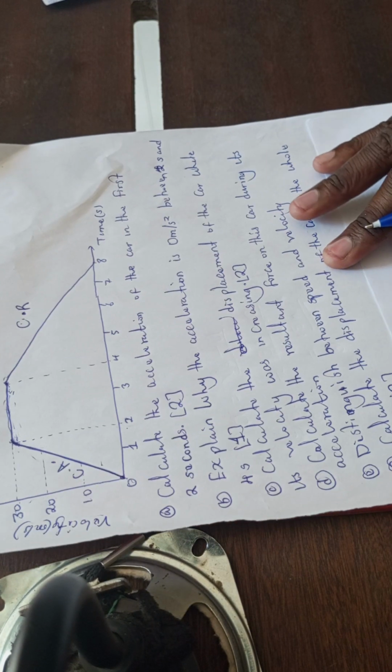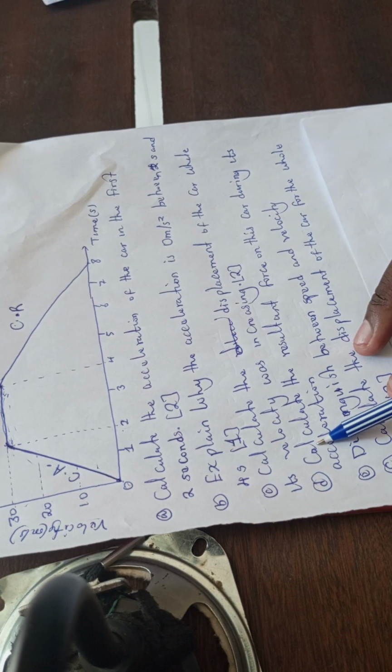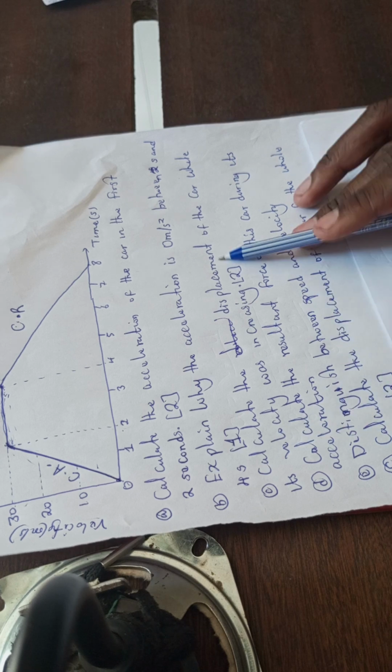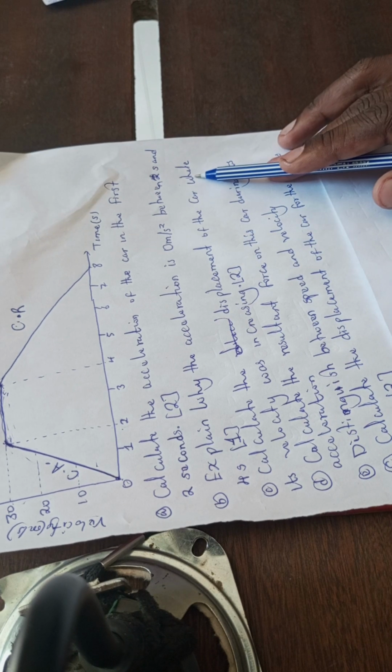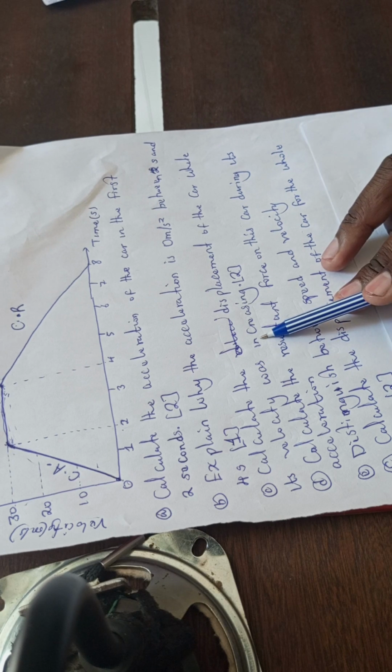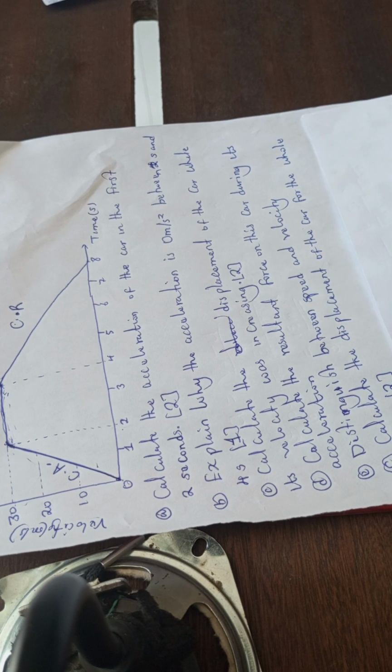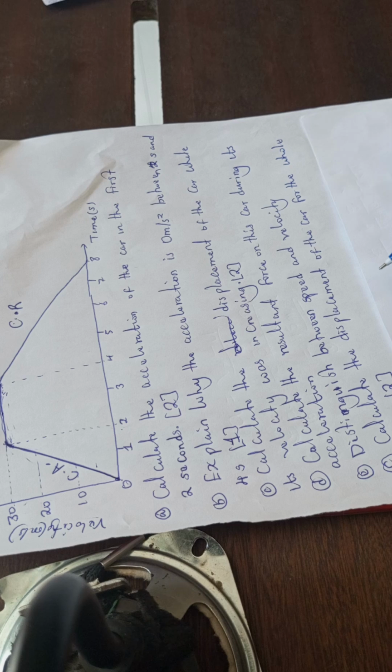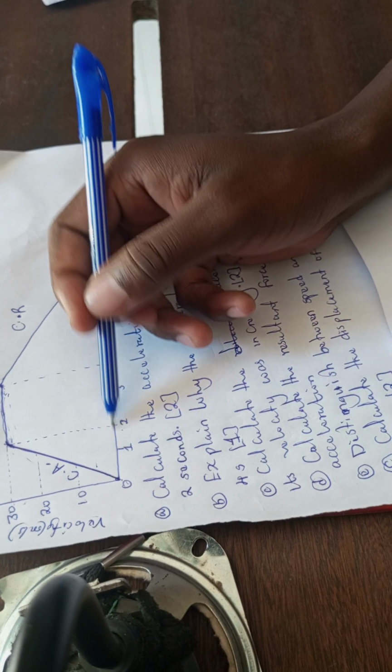See, our C here is like, calculate the displacement of the car while its velocity was increasing. The only time when the velocity was increasing is in the first 2 seconds.